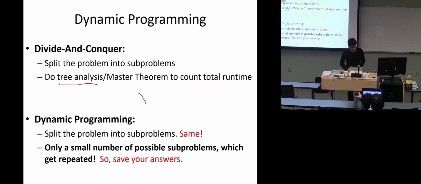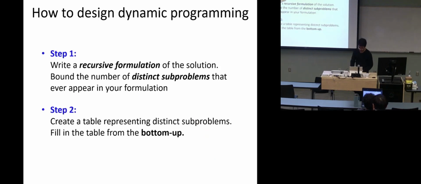So if this happens, there are a small number of subproblems we're going to look at, just save the answers. That's good for you. So that's basically the way to design a dynamic programming algorithm. Step 1, write down a recursive formulation.